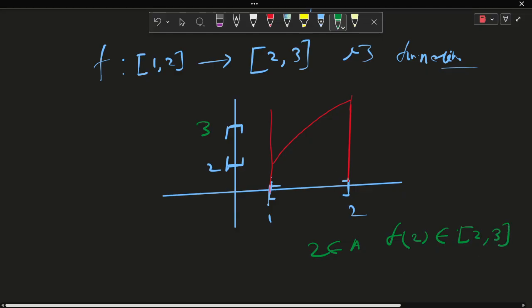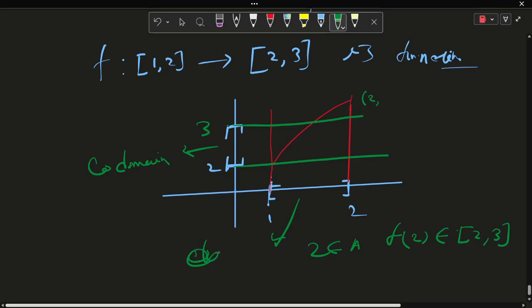But here this image point is 2 comma something outside of the codomain. This is the codomain, and this is the domain of the function.